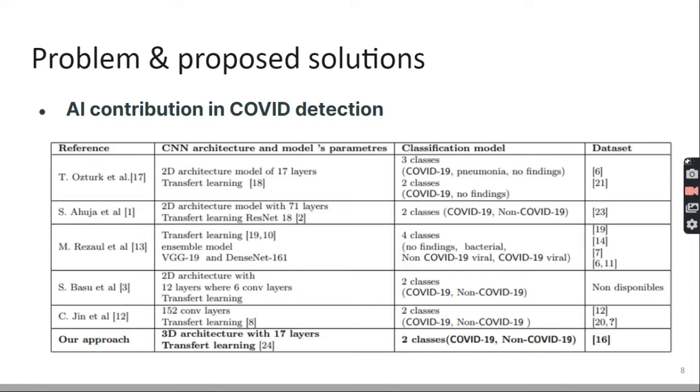Our approach is a 3D architecture with 17 layers using transfer learning. Our model has been used on a tuberculosis dataset. It outputs two classes, COVID-19 and non-COVID-19.